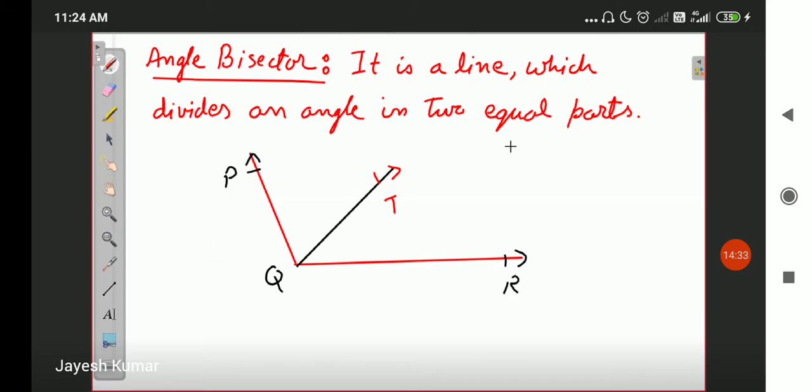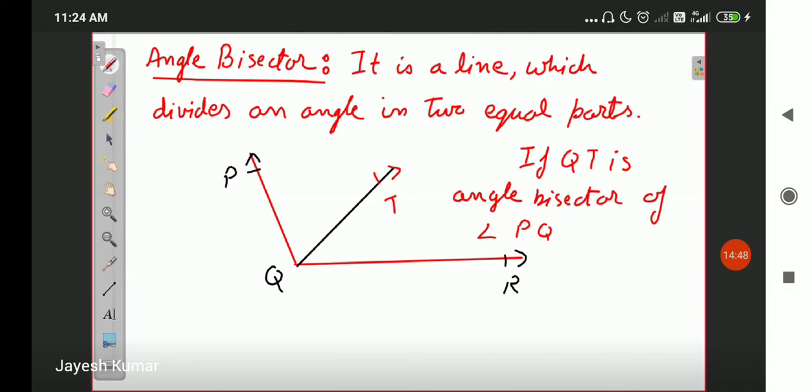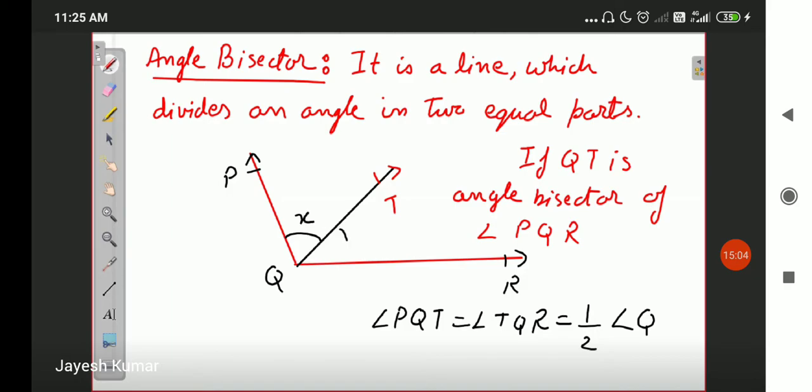So what happens here is, if QT is angle bisector of angle PQR, in that case angle PQT will be equal to angle TQR will be equal to half of angle Q. That means if this part is x, this part will also be x, and this angle will be 2x.